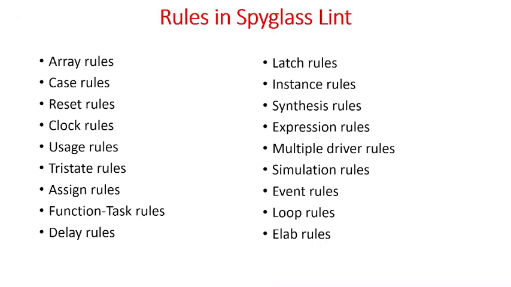Then we have synthesis rules, non-synthesizable constructs or synthesizable discarded constructs. If these are present, there may be a possibility that the linting process will give an error or warning. Then we have expression rules, multiple driver rules. As we know, a particular signal has to be driven by a single block only.